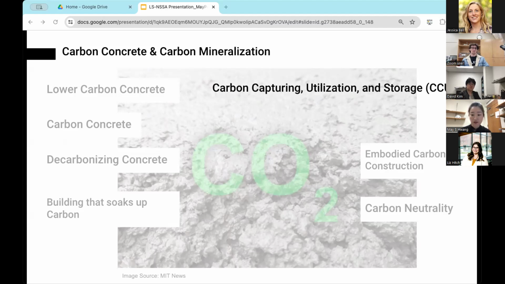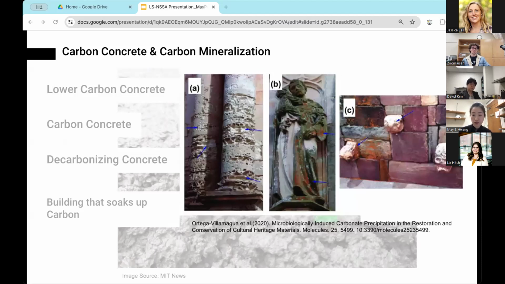And this reaction creates nano calcium carbonate, CaCO3 minerals that become permanently embedded. So not only does it capture CO2, which is a culprit of global warming, but it also provides an opportunity for concrete to self-heal by creating a new form of cement in the form of mineralization. And that's why this method is used frequently in historical buildings where natural restoration is needed.